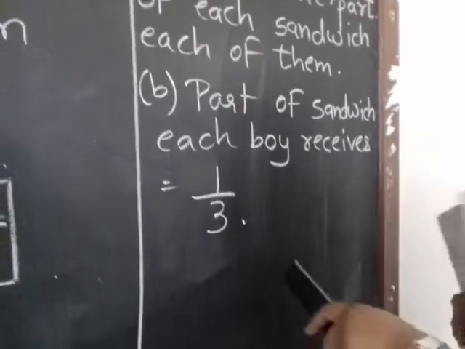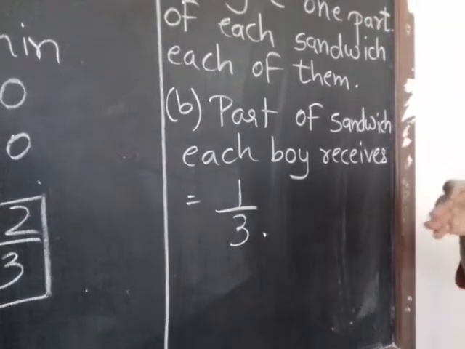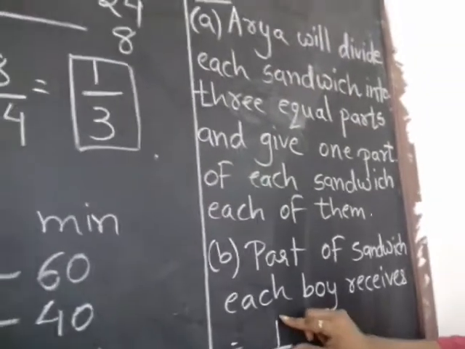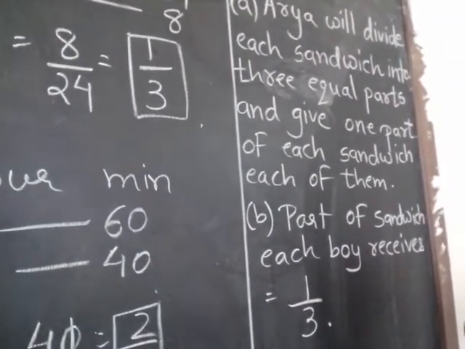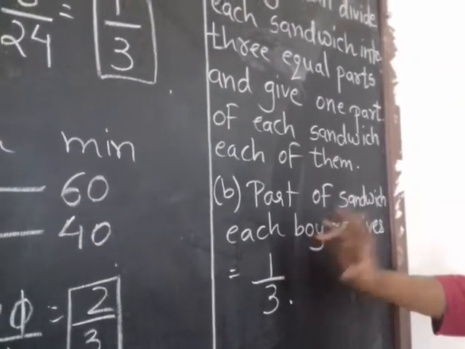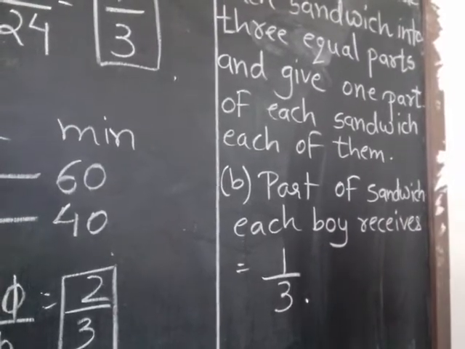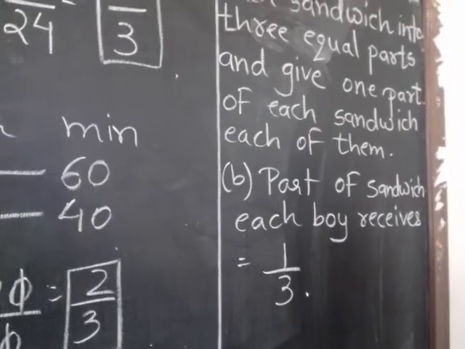In the same way, the jam sandwich will also be divided among the 3 boys in 1 part each. So 1 part of jam sandwich goes to Arya, 1 to Abhimanyu and 1 to Vivek. So each boy will receive 1 part of each of the 2 sandwiches. So this is how it is equally divided.